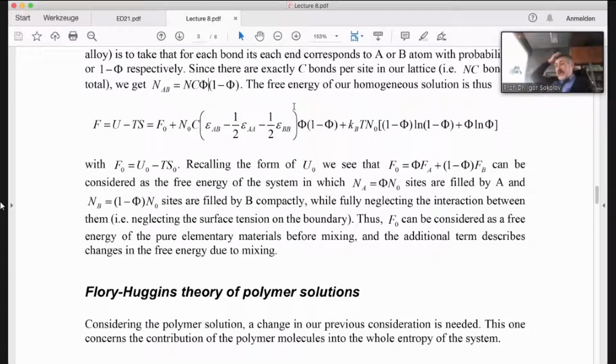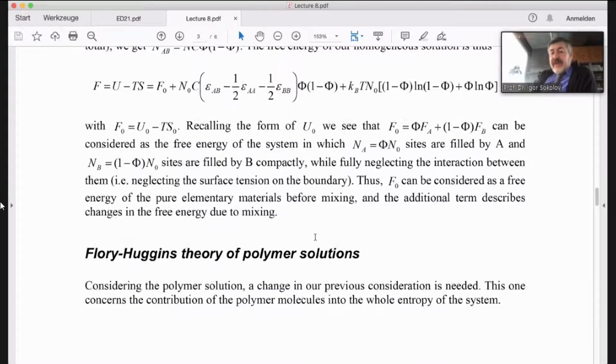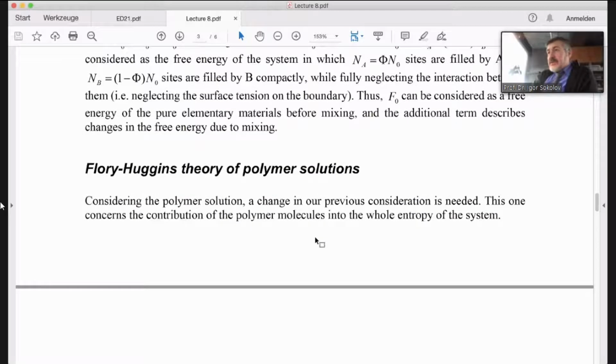And when people started to build theory for polymer solutions, they had this example. And they worked according to a pattern. And the pattern is exactly as I described here. You will then play a little bit with this simple model because it's slightly simpler than a polymeric model in some respects.